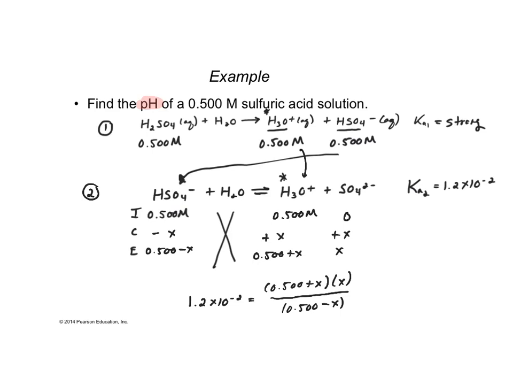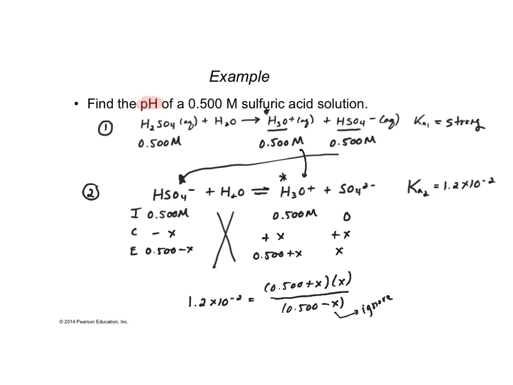Okay, so what would be nice and helpful for us to simplify the math of this problem? What have we been doing with respect to the term on the bottom this entire time? Ignoring it, right? We've said x is going to be so much smaller than 0.5 that when we subtract it from 0.5, it's essentially the same number. So if we can ignore subtracting x from 0.5, do you think we can also ignore adding x to 0.5?